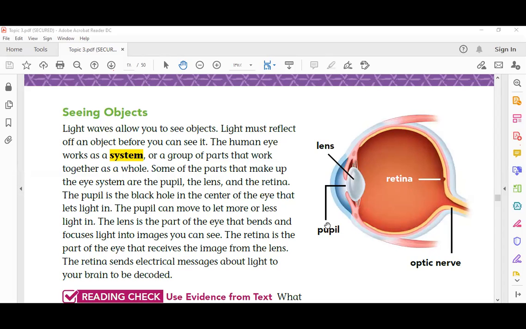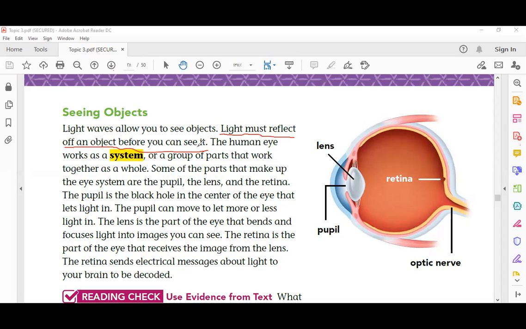For example, light must be reflected first. You have to know that to see an object, light must reflect from the object. And you know what is the meaning of reflect? Again, light must reflect off an object before you can see it.